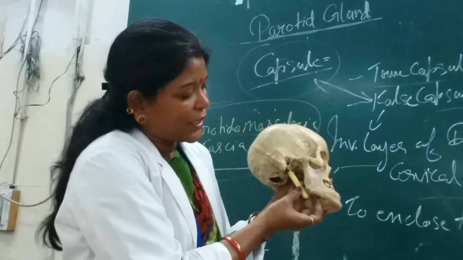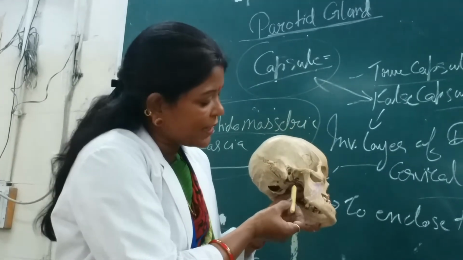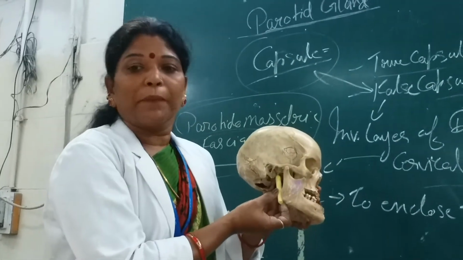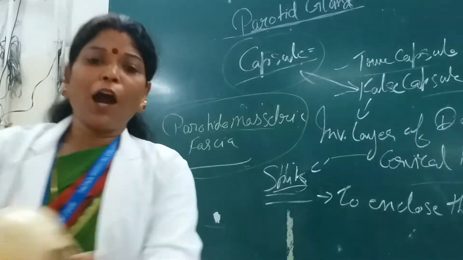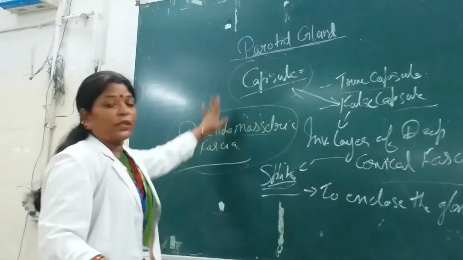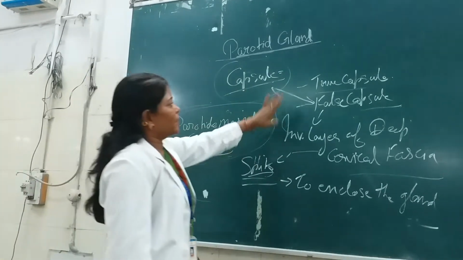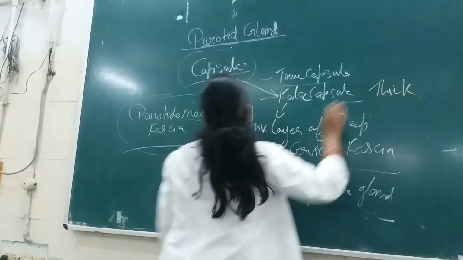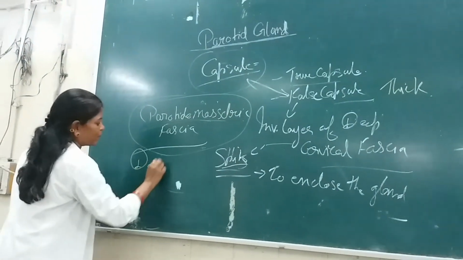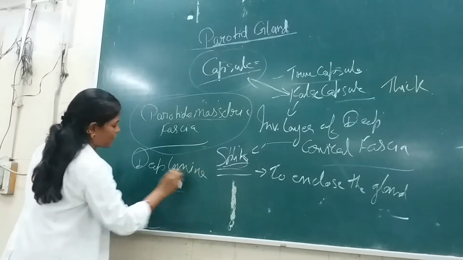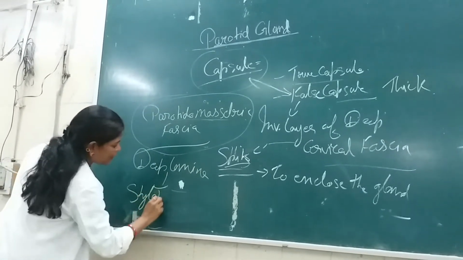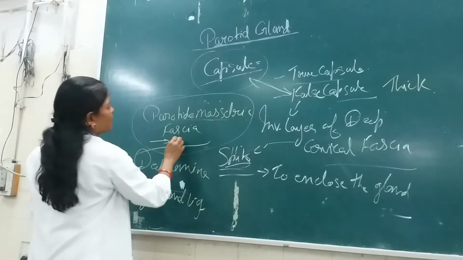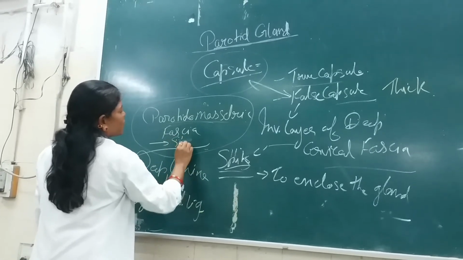That means the part of this deep lamina which is thickened between the styloid process medially and the angle of the mandible laterally is known as the stylomandibular ligament. Now the capsule is very important. The external or superficial lamina is thick, and the deep lamina is thin. The deep lamina gives the stylomandibular ligament.